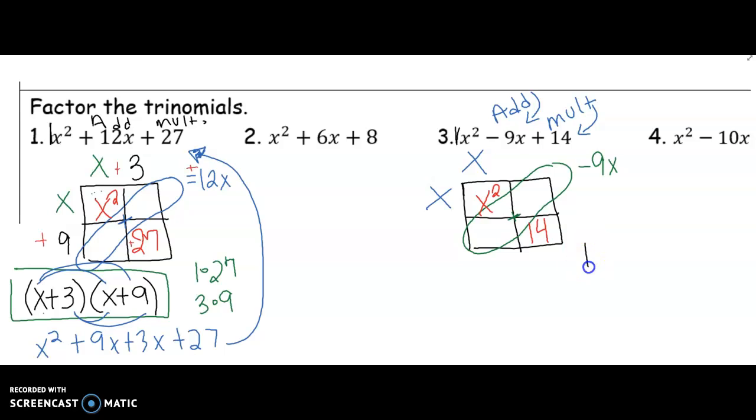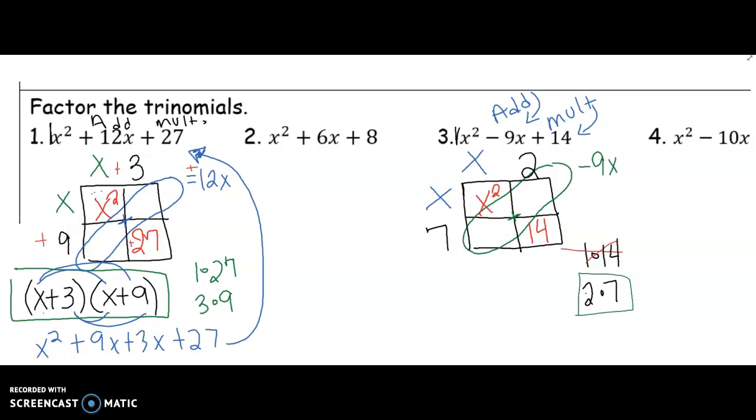I'm thinking of the number 1 times 14, 2 times 7, and that's all the numbers that I can think of. However, 1 and 14 will never give us 9, so I know that I can't use 1 and 14. 2 and 7 give us 14 and give us 9. So I know my numbers must be 2 and 7.